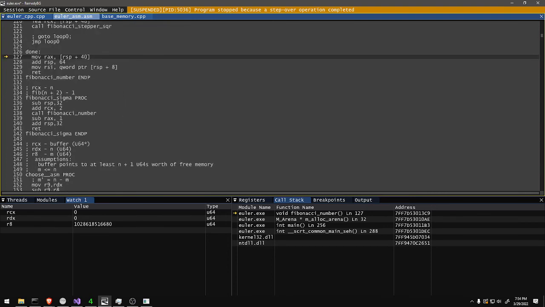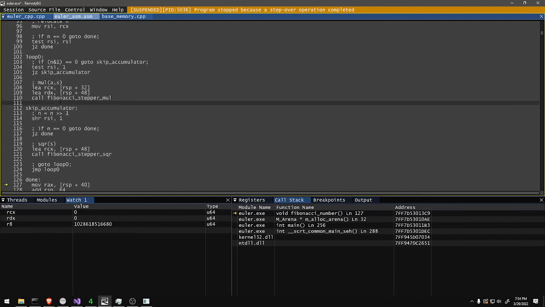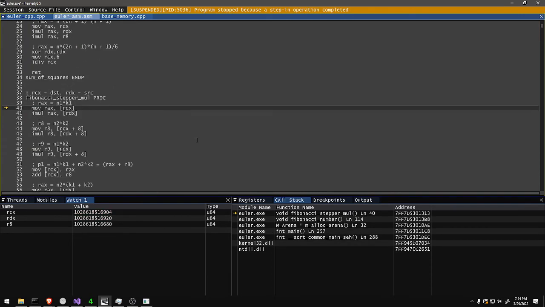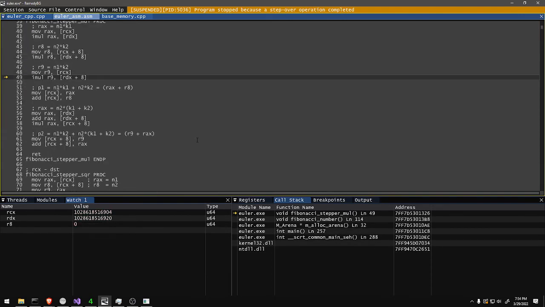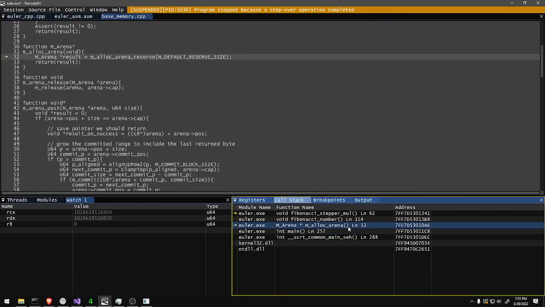Let's see, let me find another call. So can we get it to go into here? Okay, so when it goes into the mul here, okay, it looks like it keeps on kind of working, but it's still wrong, right? We didn't get called, this did not call this, and then this.